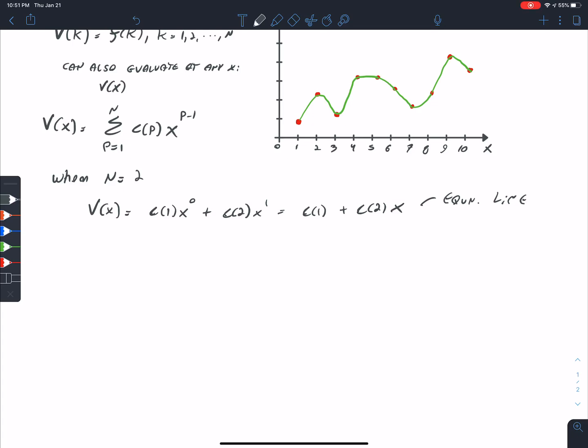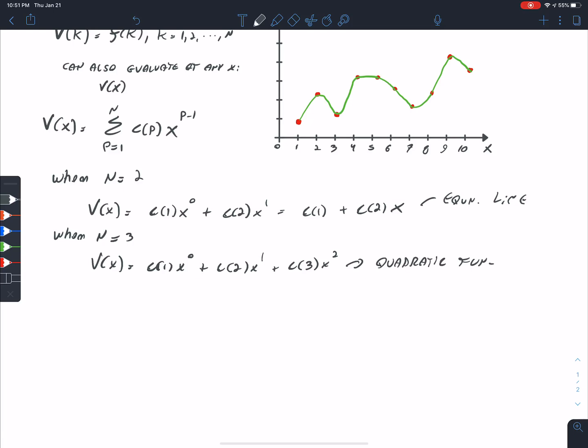We can take a look at other possibilities. When n equals 3, v of x will be c1 x to the 0 power, plus c2 x to the first power, plus c3 x to the second power. So this is a quadratic function. So this is a generic formula, right?